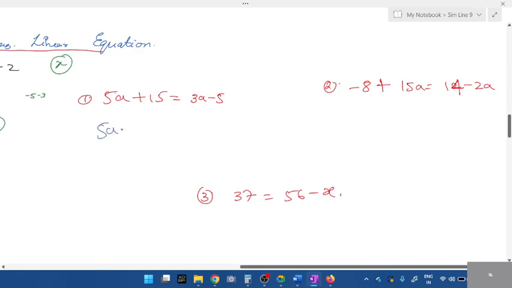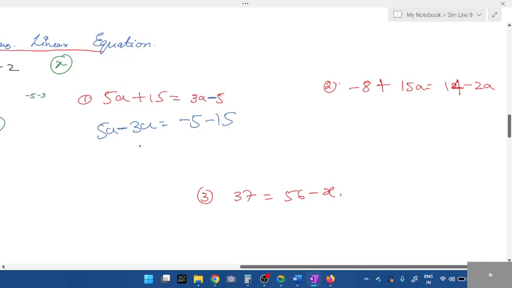What we do with minus? Shall I erase this? Minus 5, 15. What is 5 minus 3? Okay, 5 minus 3 is 8. They'll send you to second standard again.